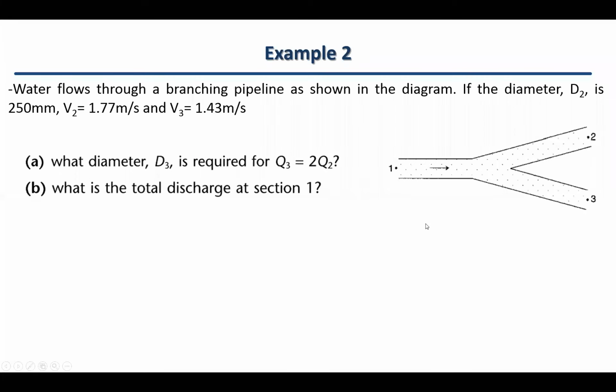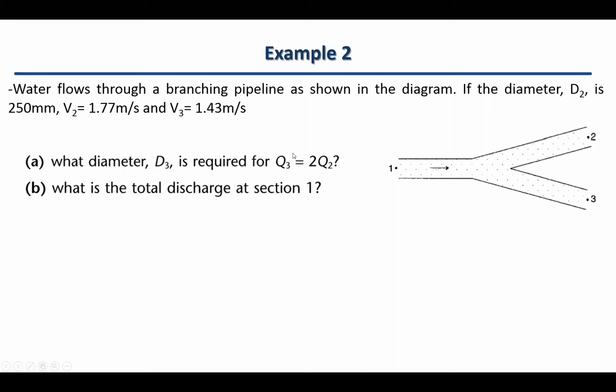The question is to calculate D3, the diameter of pipe 3, which is required if Q3 is equal to 2Q2. So Q3 is twice Q2. That's the relationship. And for section B, what is the total discharge at section A?